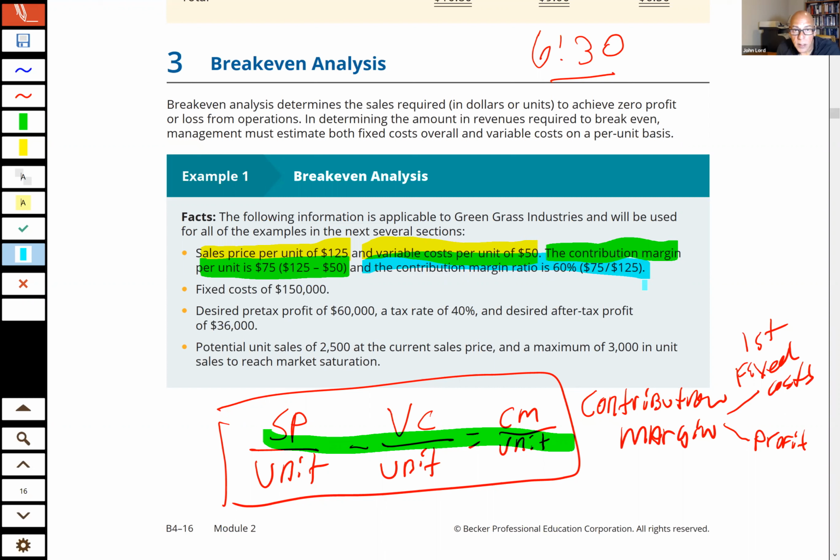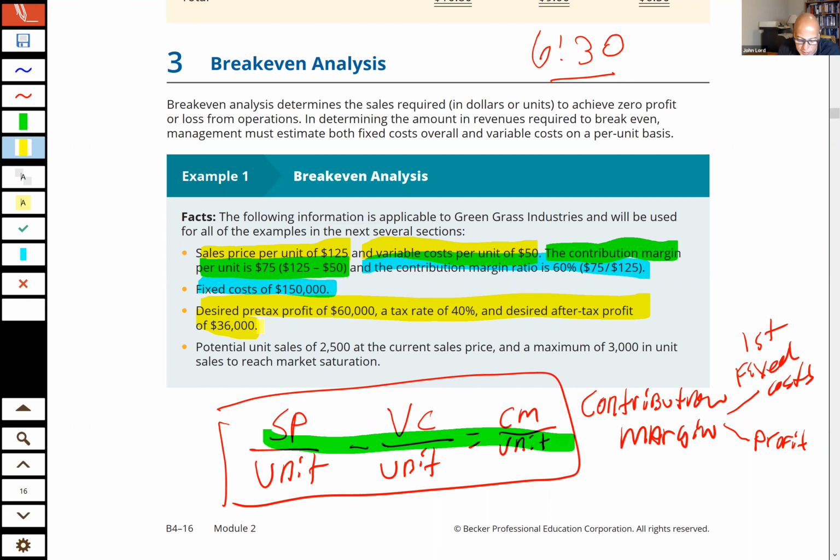We could have calculated that by simply taking the sales price, divide that into the contribution margin, gives me the contribution margin ratio. Okay, and then they tell us that our fixed costs are 150,000, and we have a desired pre-tax profit of 60,000, a tax rate of 40%, and desired after-tax profit of 36,000.